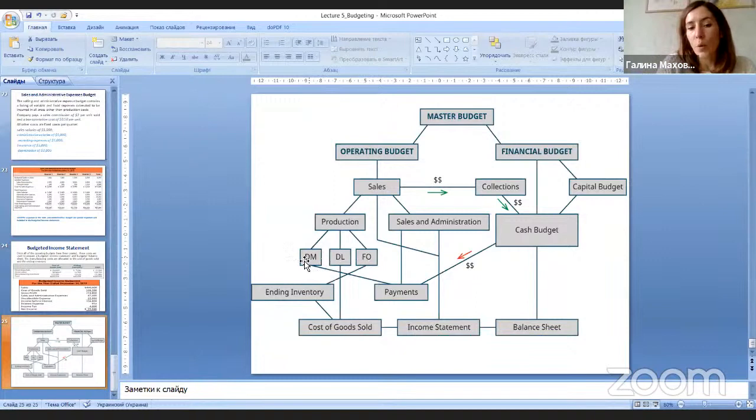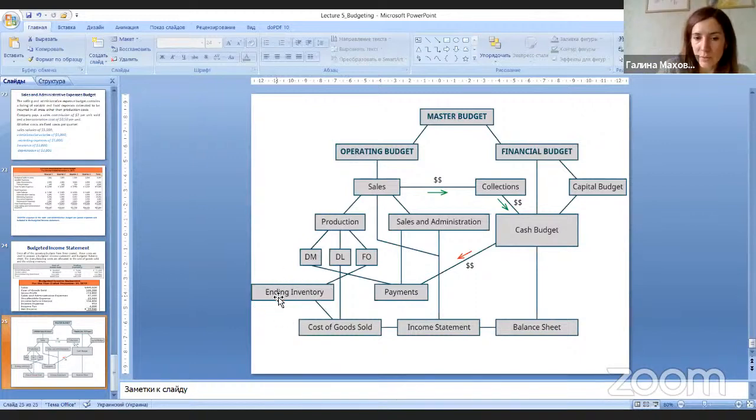And according to sales, we can define collection, our revenue. According to our production cost, direct materials, direct labor, sales and administration, we define our payments, how much money we should pay to our suppliers, our workers, and so on. And now pay attention that the cash budget, on the one hand, has collections, our revenue, our inflows, and payments, our outflows.